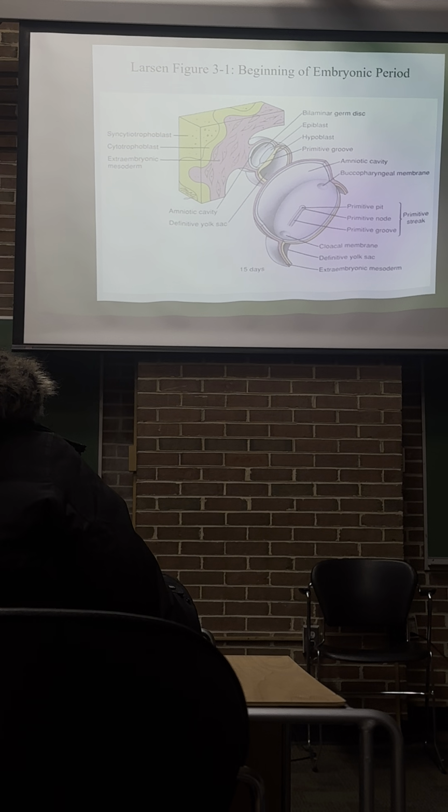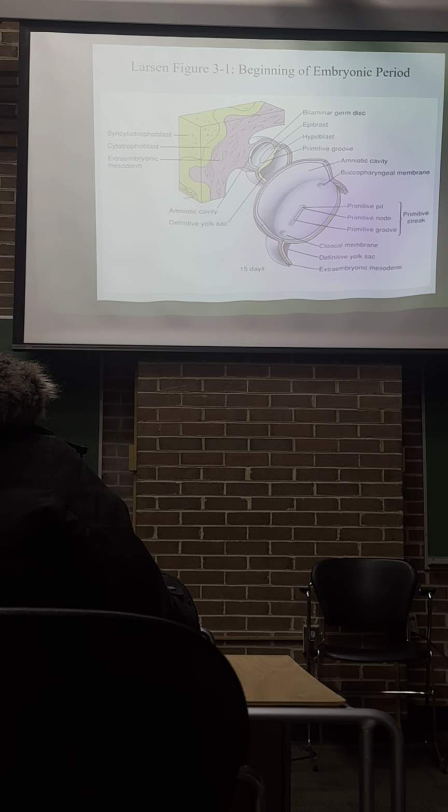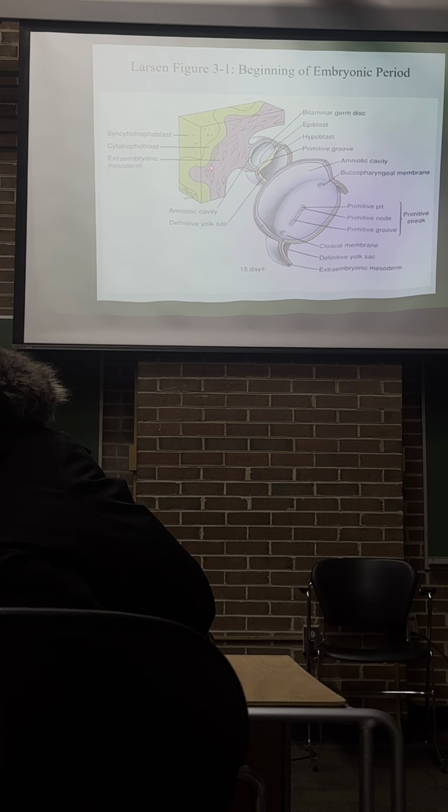So, this is day 15. This is the beginning of the embryonic period. The embryonic period is from week 3 through week 8. So day 15 is the first day of the third week. Okay? So what we have here is the extraembryonic mesoderm on the outside. Syncytial trophoblast deep to that.